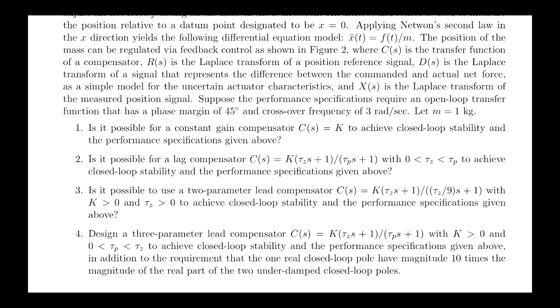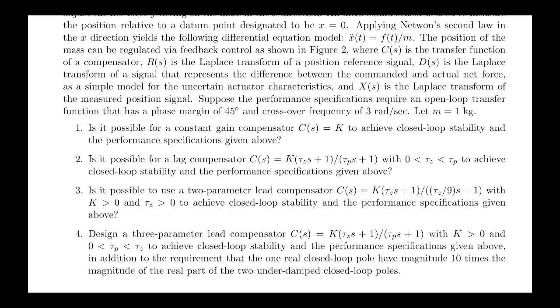The questions are really about what you can do with different types of compensators. So start off with a proportional gain controller, then look at a lag controller, then look at a lead controller, and then another type of lead controller.